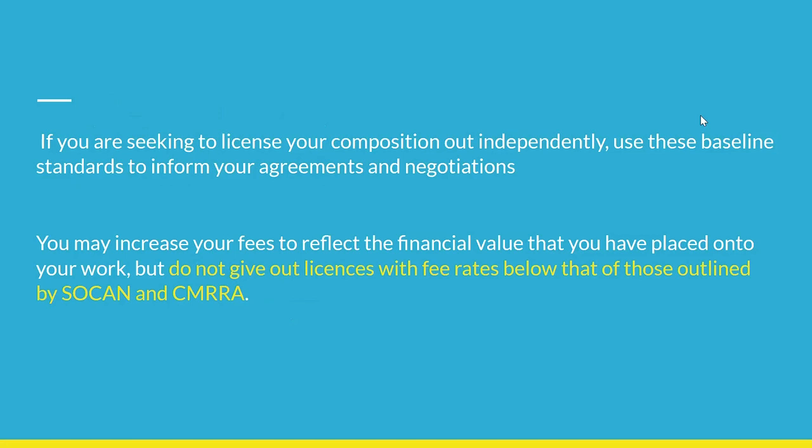Please do not undercut these standards, because that could potentially lead to ramifications down the line when you're trying to license in the future. For example, if you're collaborating with somebody who is licensing from you and you gave them a huge discount, the next time they might want that same discount, and in the long run that might not be sustainable. So please respect the value of your work, respect the value of the work of other composers, and just stick to these standards that have been set out and cemented in the industry.